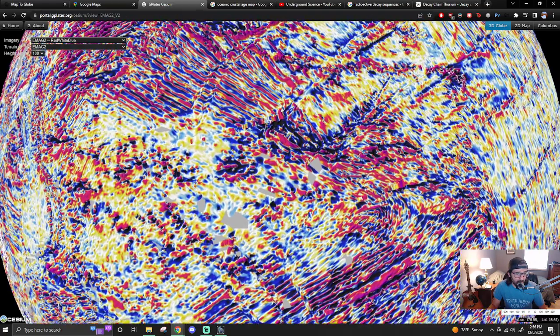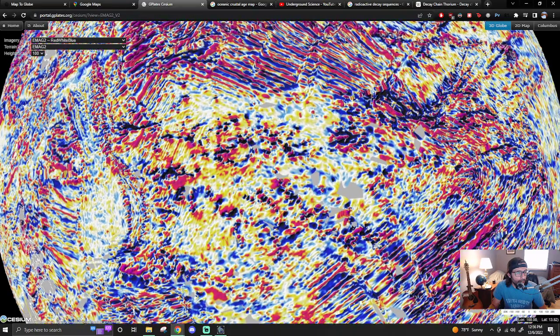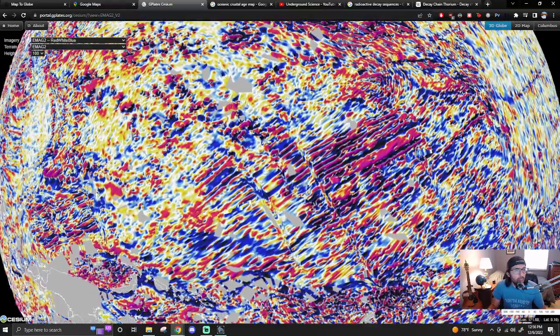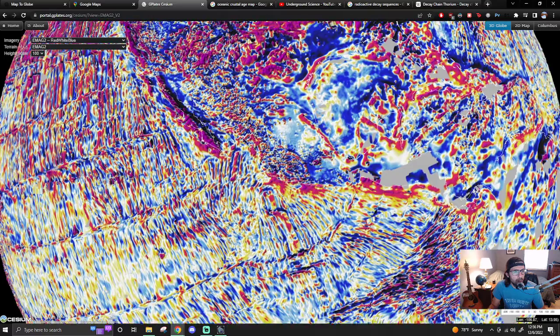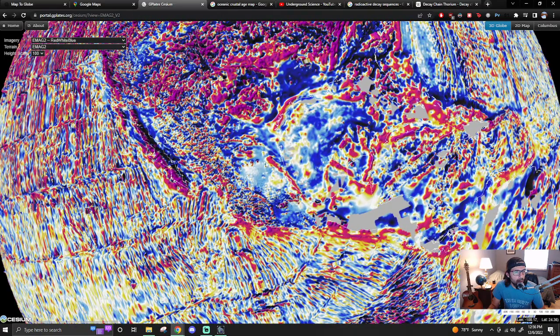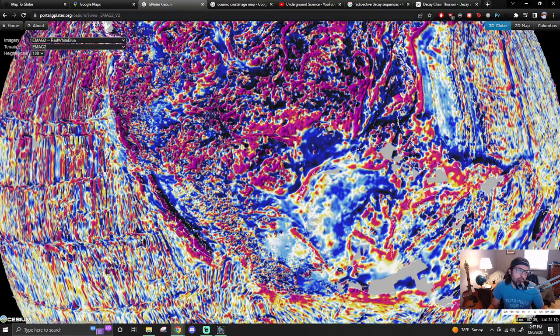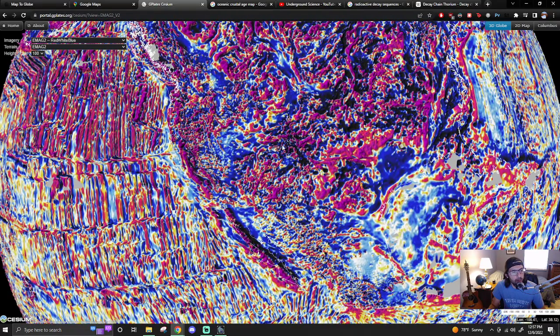This doesn't really have any figure 8s, but this figure 8 has a yin yang within it here.